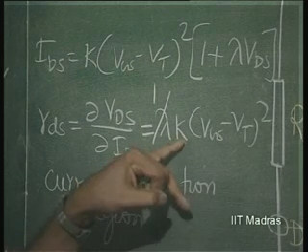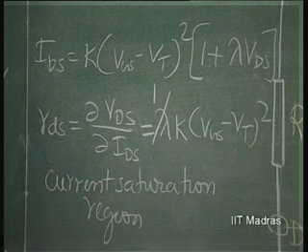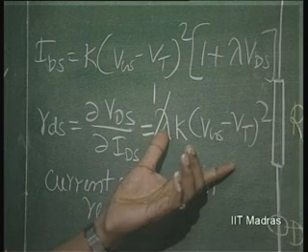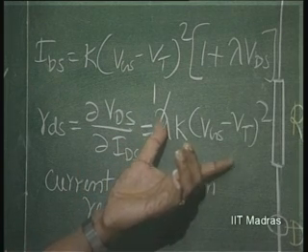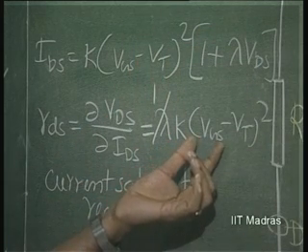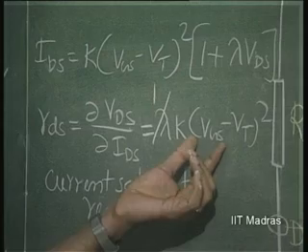Strictly speaking, k into VGS minus VT whole squared is really the quiescent current of the transistor, because you are going to evaluate it at a particular operating point.